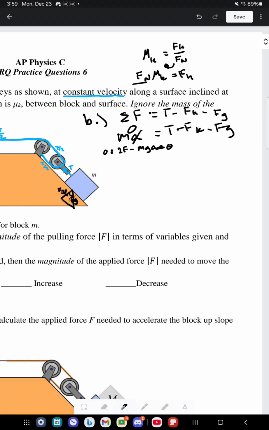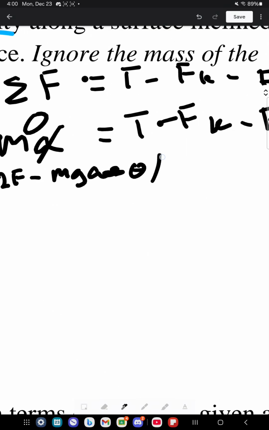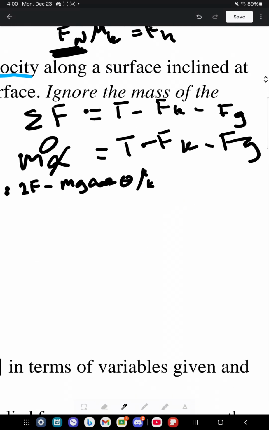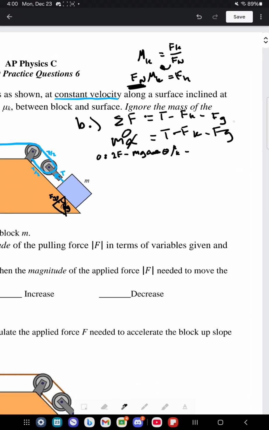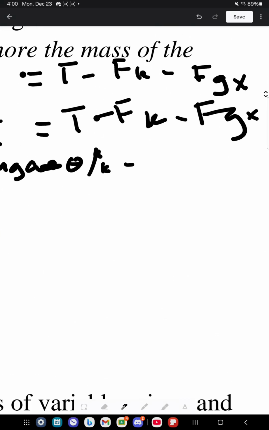It is mg cosine of theta, which is the F of N and not F of k. It's F of N times mu of k, so I have to multiply this by mu of k and minus FG. I forgot to include the subscript x here. This is FGx, what's putting it this way, and that is opposite over hypotenuse, so that is mg sine of theta.